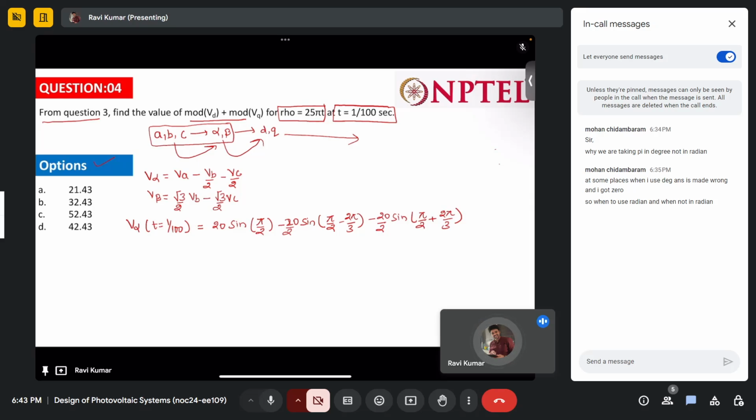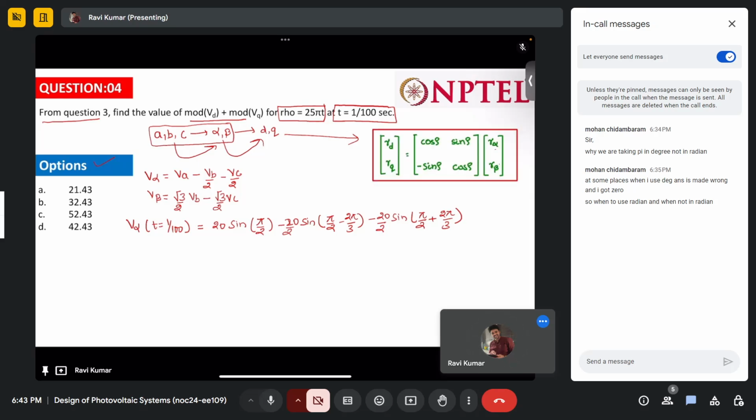So this is the one thing. This matrix also will be required. So if you solve this, what will you get? Just put the value of pi and get me the answer.